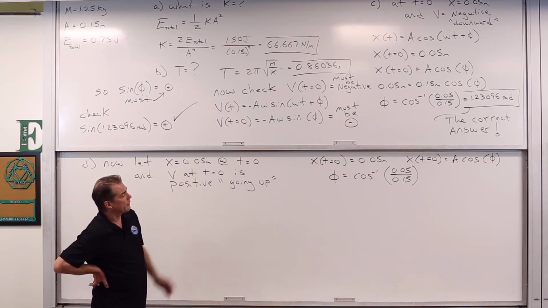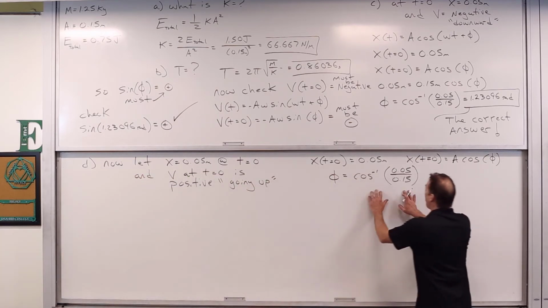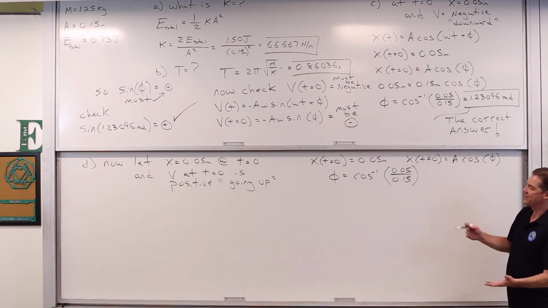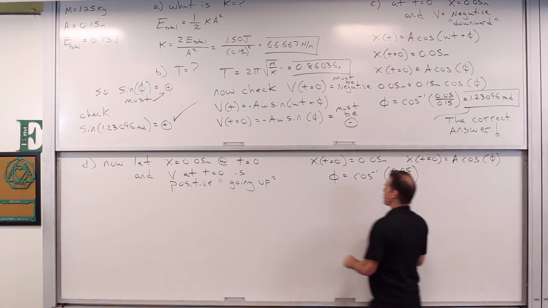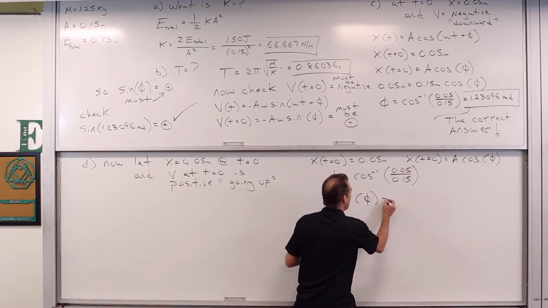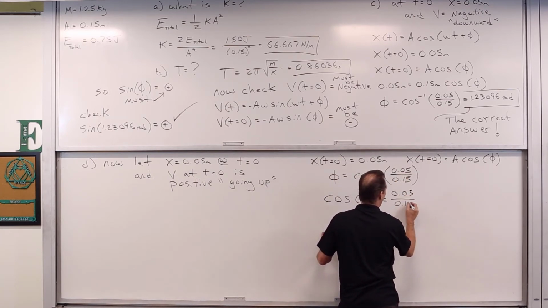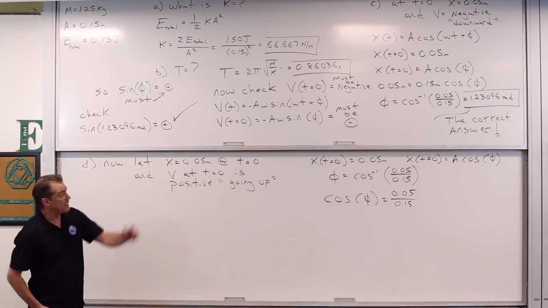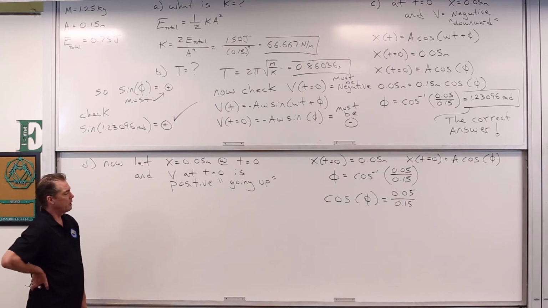So really, there's 2 values at which the cosine of phi will give us this ratio. So let's go back to this. Cosine of phi is equal to 0.05 divided by 0.15, right? So one possible phi is the 1.23096 radians. Is there another one?